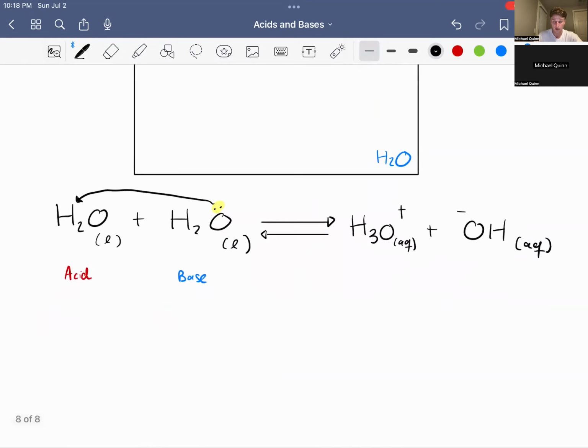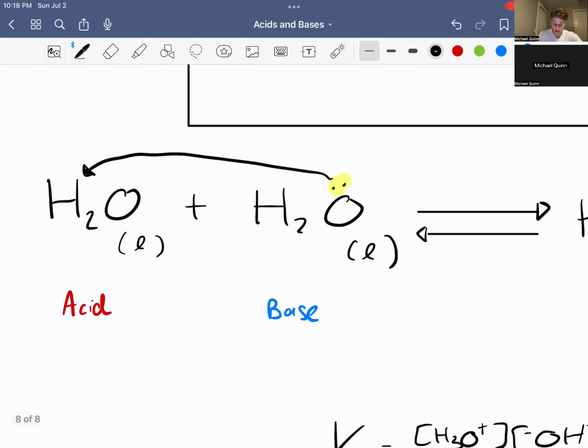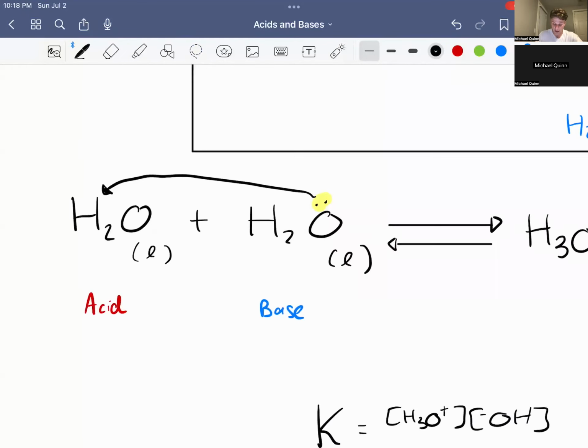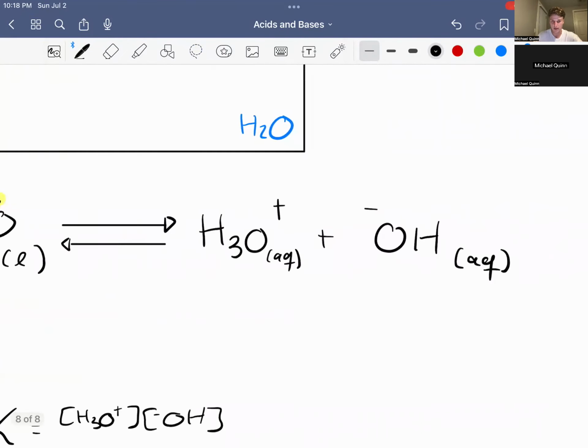So how do we write the K expression for this reaction? Well, it's still products over reactants. So K is going to equal H3O+ times OH-. And as we can see, both of these reactants are liquids. And when they react, that is when we get an aqueous species because it is now an acid or a base in the water.